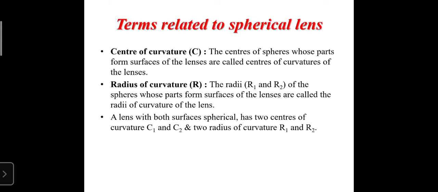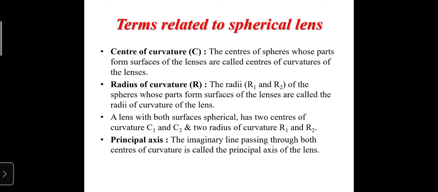A lens with both surfaces spherical has two centers of curvature, C1 and C2, and two radii of curvature, R1 and R2. Next term is the principal axis. The imaginary line passing through both centers of curvature is called the principal axis of the lens.